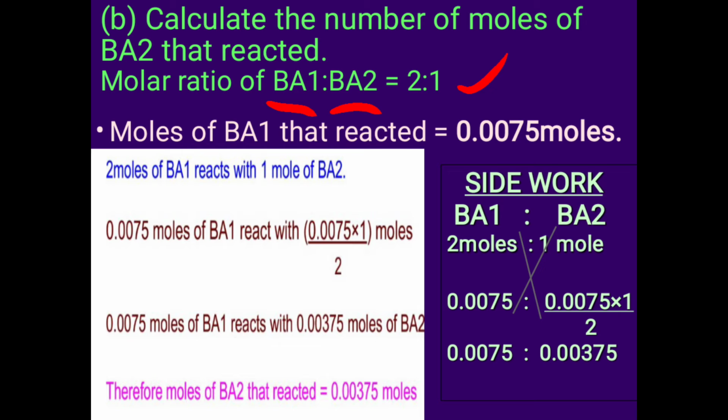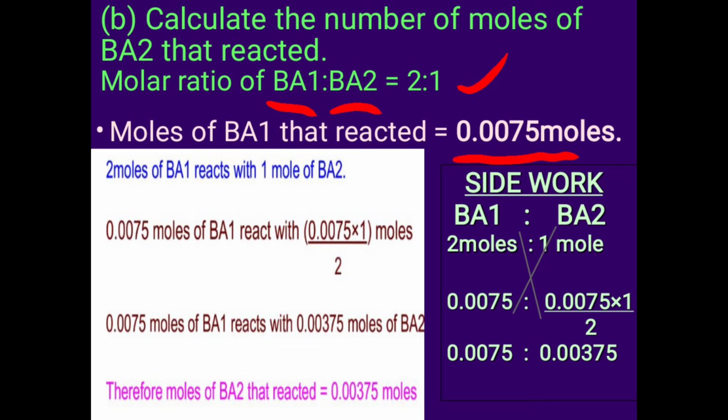We have calculated and we have got 0.0073. So in our calculation, we are going to compare moles of Ba1 that reacted with those of Ba2 that reacted, but we shall start from what is given to us or what is possible to be applied.